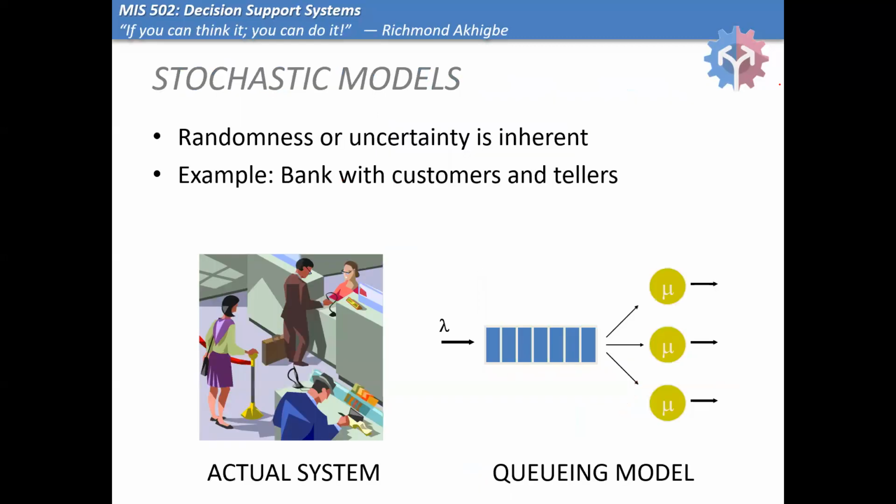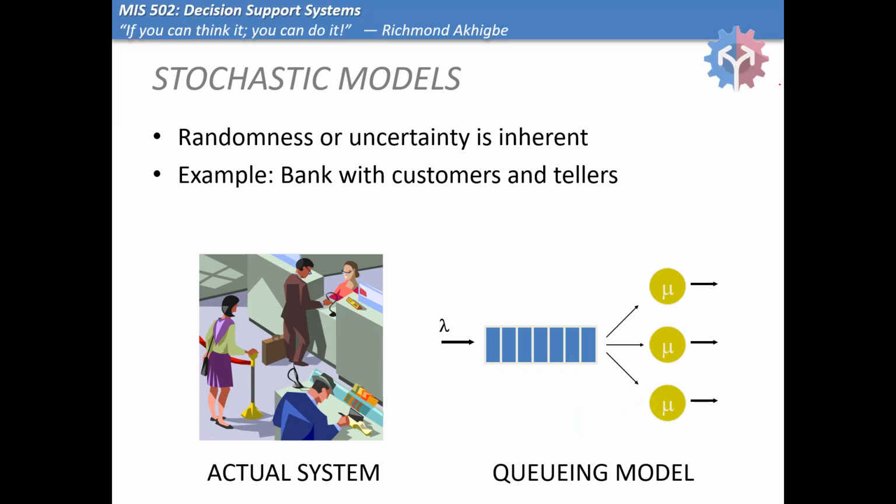Because we are dealing with systems that have randomness in them, we call those systems stochastic systems, and we try to build stochastic system models or process models for them. Stochastic is just a word.